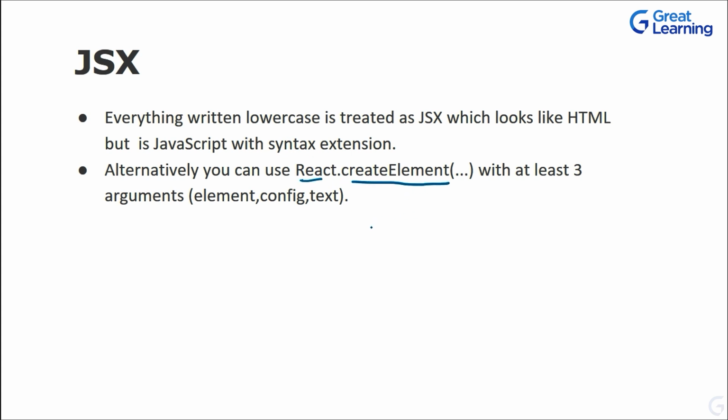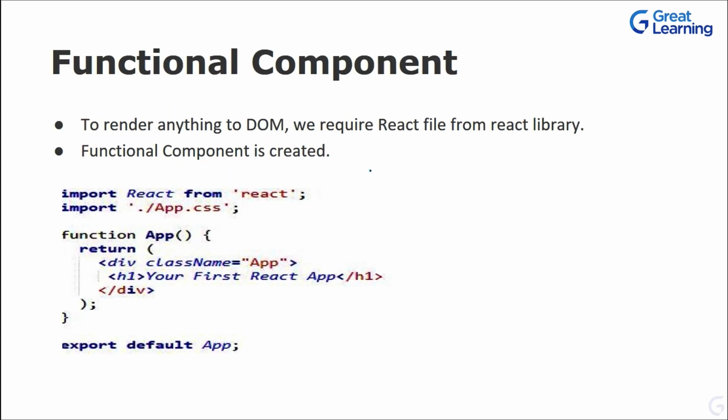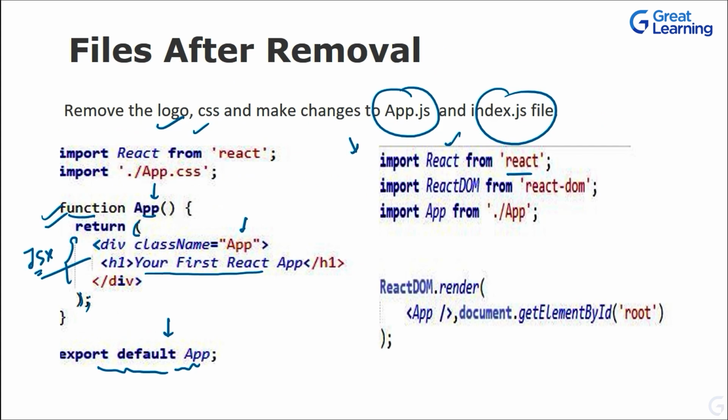Whenever we return that element, we are basically using this function internally. But that is way too complicated, so it has been simplified for us so that you return your element in this way. That is why we have to import React from React.